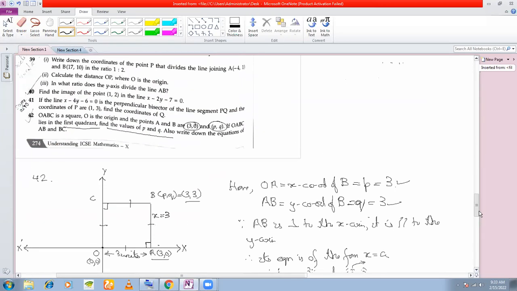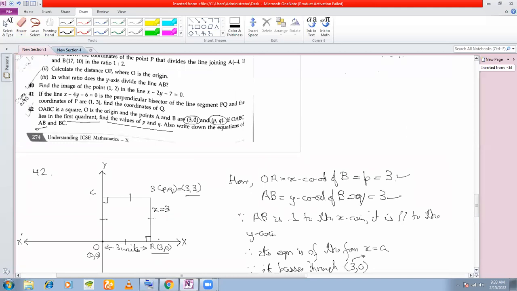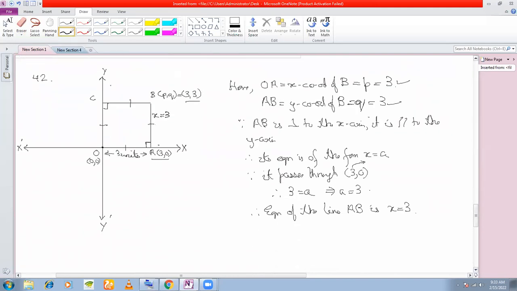Next, what is the last part? You not only need to find the equation of AB, you also need to find the equation of BC. Now, what kind of a line is BC? BC is perpendicular to the y-axis. Since BC is perpendicular to the y-axis, it must be parallel to the x-axis.